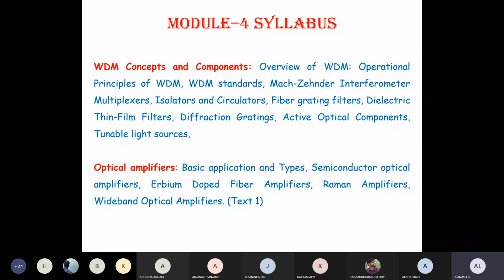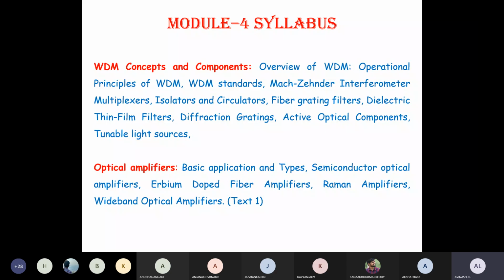The next part of this syllabus is optical amplifiers. In the optical amplifiers part, we are going to discuss the basic applications and types of optical amplifiers. Here we will discuss semiconductor optical amplifiers, erbium doped fiber amplifiers, Raman amplifiers, and lastly wideband optical amplifiers.